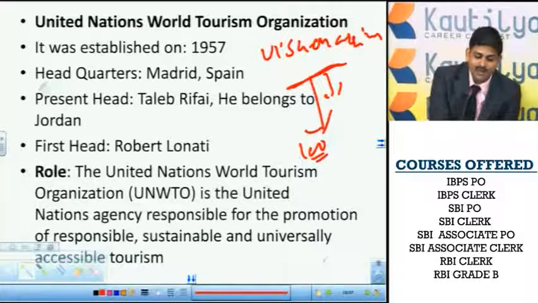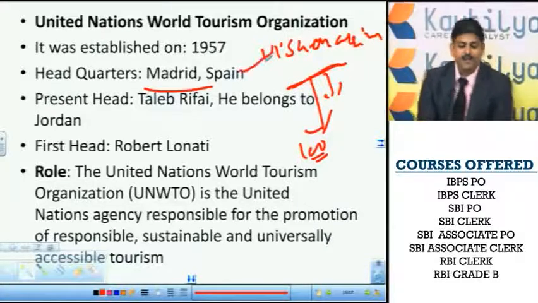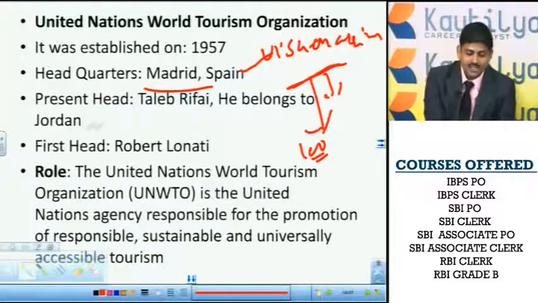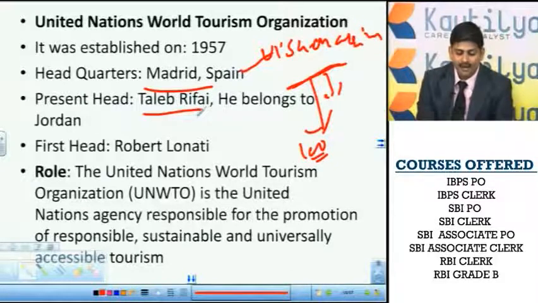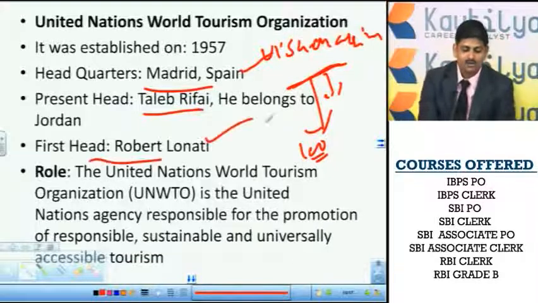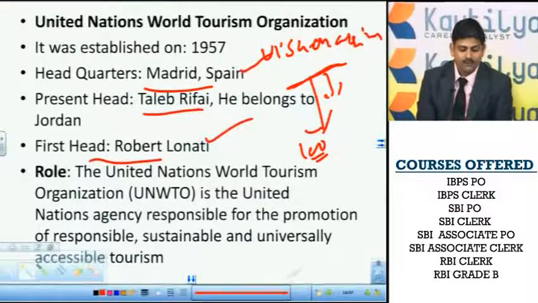Its headquarters is in Madrid, Spain. Its president is Taleb Rifai, from Jordan, and the first one was Robert Lonati. This organization, as I said earlier, promotes world tourism.